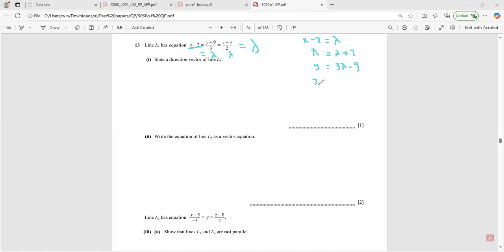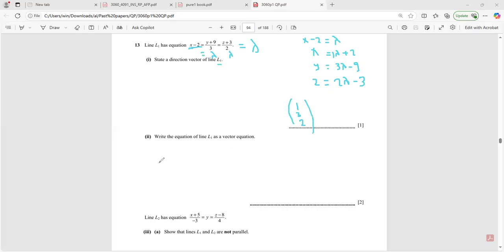And we say that the z here will be equal to 2 lambda minus 3. Okay. And here, we're going to take the coefficients, which here are 1, 3, 2, and this is the direction of the line. 1, 3, and 2, and this will be the direction of the L1.